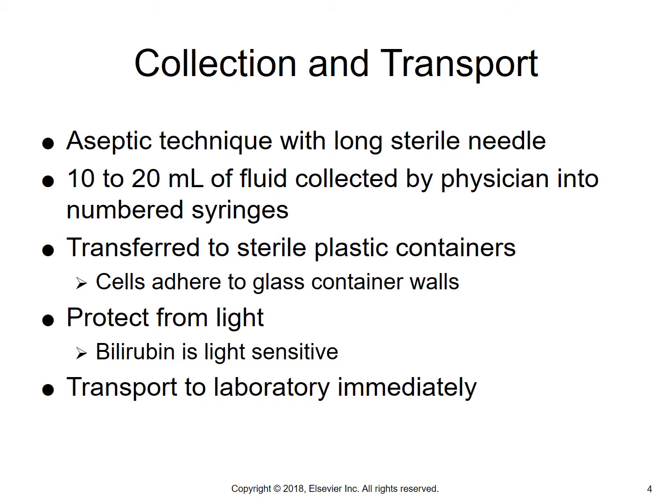These are numbered to prevent contamination for the entire collection, and after its collection, it is immediately transferred to the lab, carefully, in a sterile plastic container. It also should be protected from light, especially if bilirubin will be tested, because it breaks down with light present.